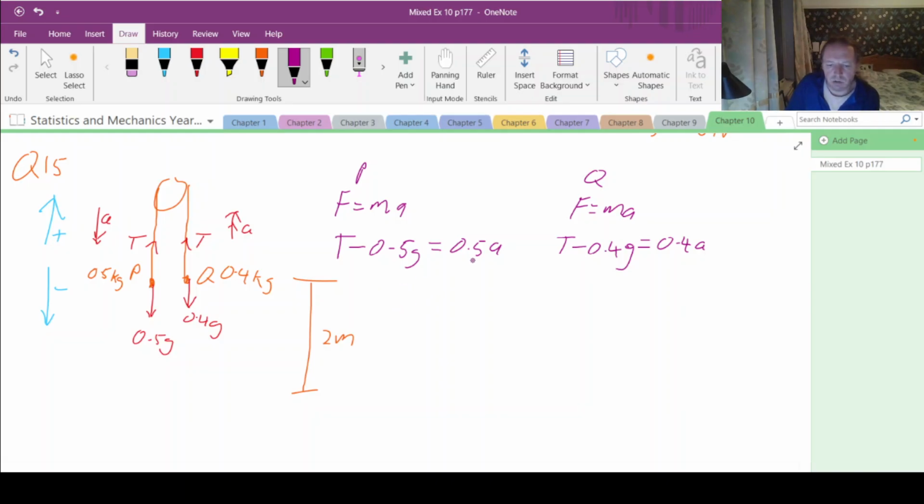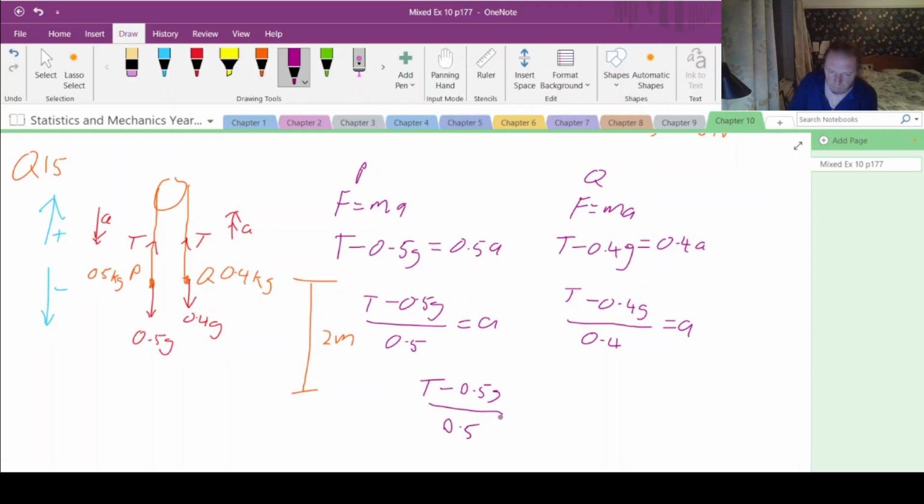Let's take all of that and do (T minus 0.5 G) divided by 0.5 is equal to A. And on this side, (T minus 0.4 G) all divided by 0.4 is equal to A. Because they are both equal, I will now write them out as being equal.